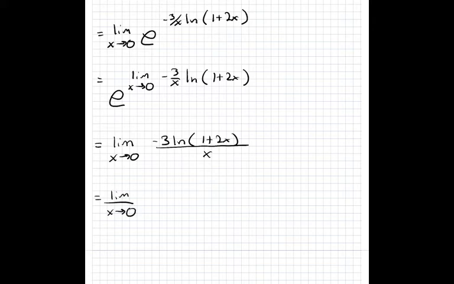So let's focus on the derivative at the top. For the derivative at the top, I'm going to use the product rule. I know that's a little bit extra, but I'm just going to use the product rule. So it's going to be the first, the negative 3, times the derivative of the second. The derivative of natural log is dx over x, right? So that's going to be d by dx of 1 plus 2x over 1 plus 2x.